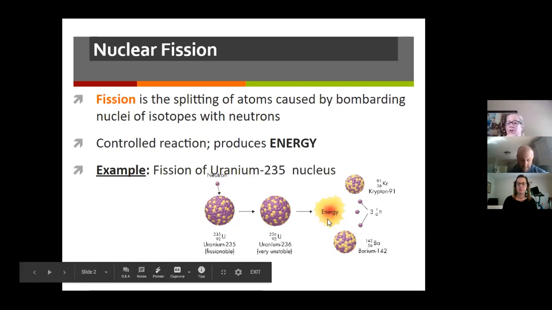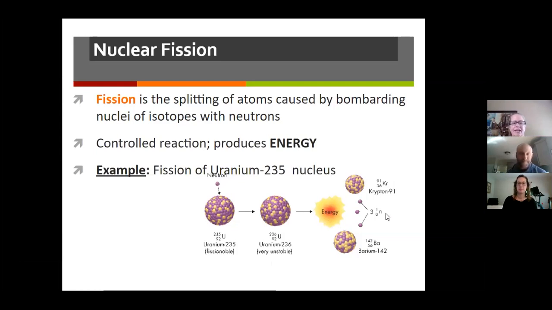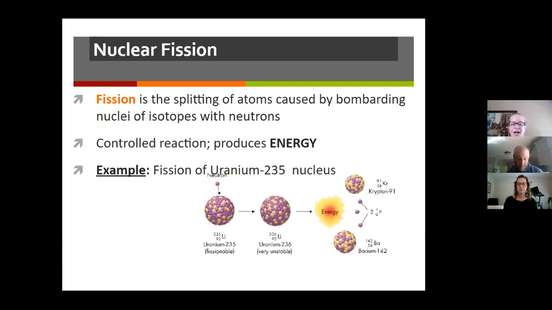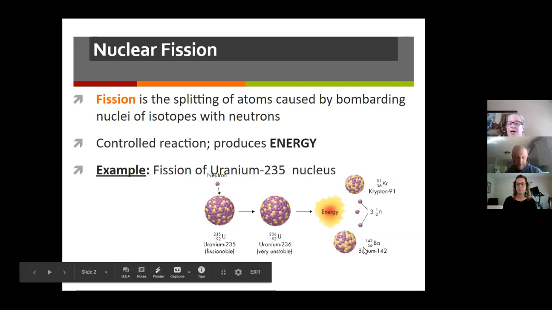In a nuclear power plant, you run a controlled reaction. Here they're showing the U-235 getting bombarded by a neutron, and then it breaks up and you've got energy. You see the krypton 91, the barium 142, and 3 other neutrons. Those are the decay particles as a result of this reaction.